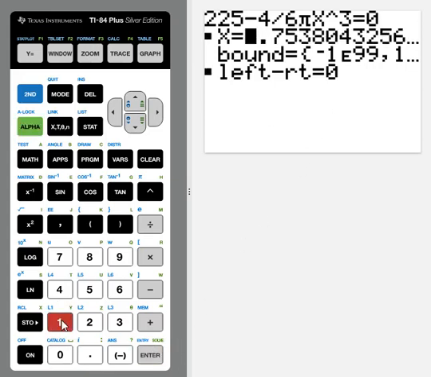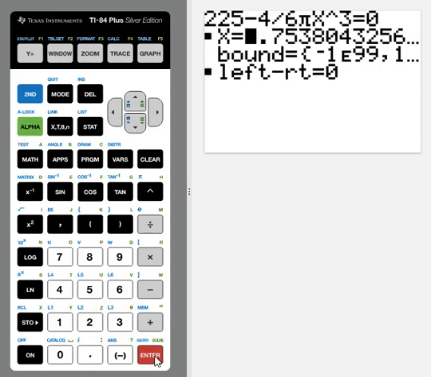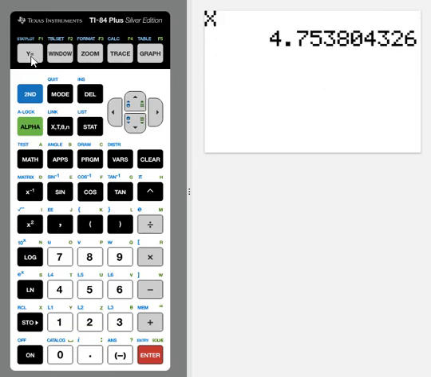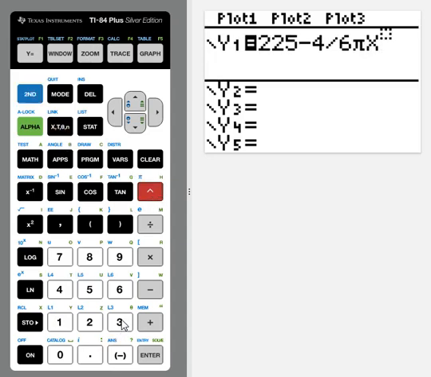It doesn't matter what number you estimate, you will get the same answer, since there is only one solution. Another way is to go to Y1. Then I plug in 225 minus 4 divided by 6 pi, still x to the third power.